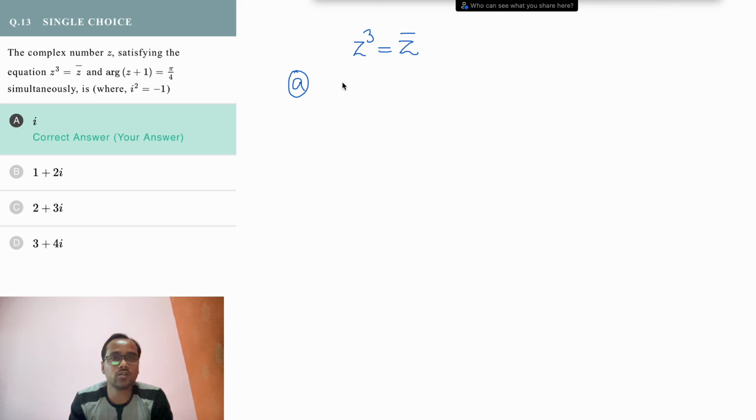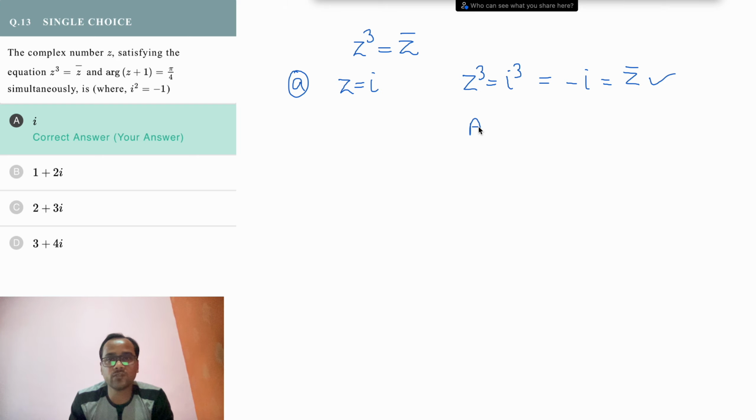Option A is z is equal to i. Z cube will be i cube, so iota cube is equal to minus iota, which is equal to z bar, because z is iota, so z bar is minus iota. So option A satisfies the equation z cube is equal to z bar.